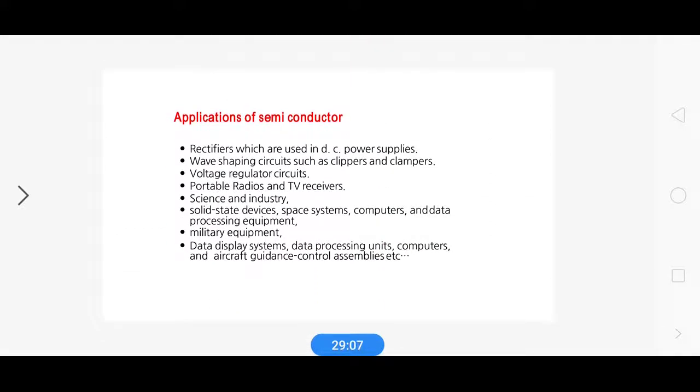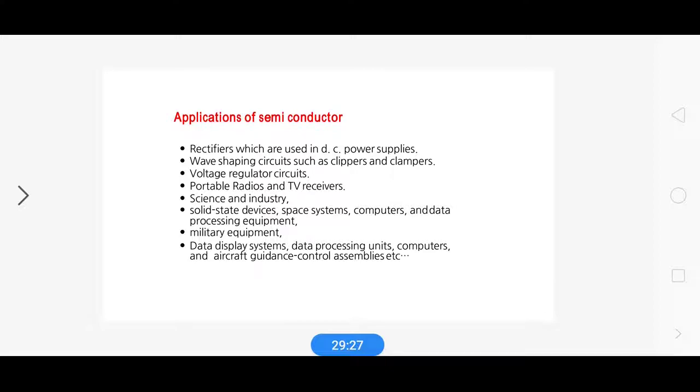Now, finally, the applications of semiconductor. First of all, the PN diodes are used in rectifiers, which are used in DC power supplies.